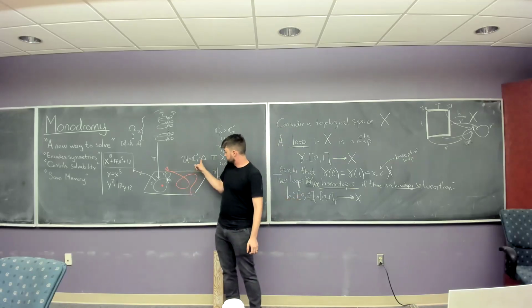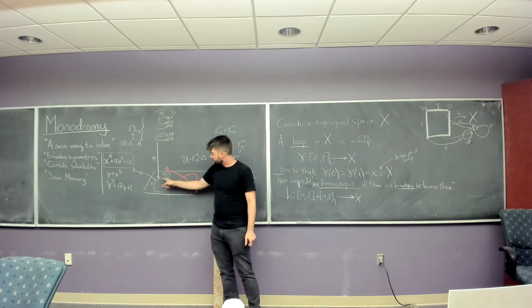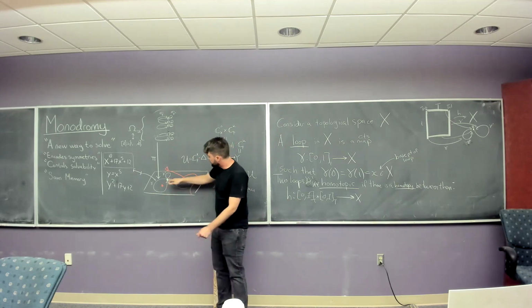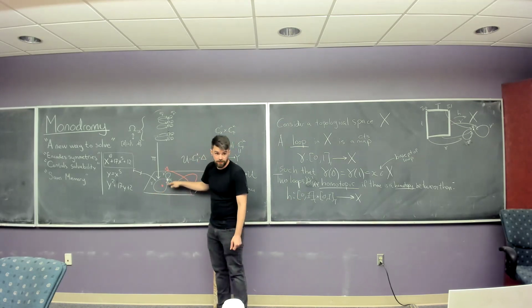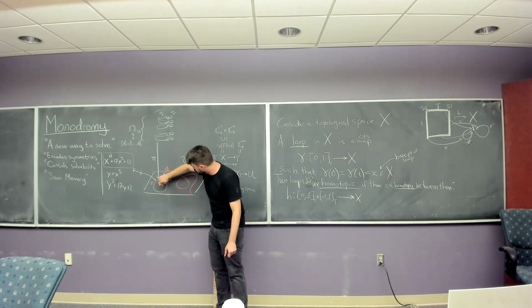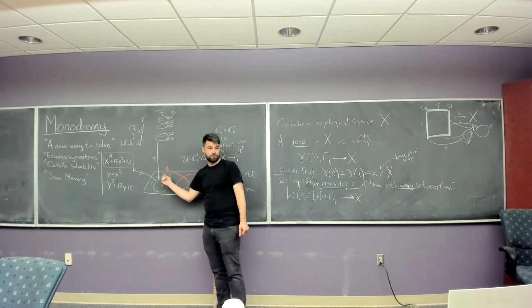Everything red is in the exceptional set. And so notice that this gamma is not homotopic to this gamma prime. There is no way I can deform continuously this loop here, which is going around a point outside of my set, to this one. I would have to at some point pull it through that point.